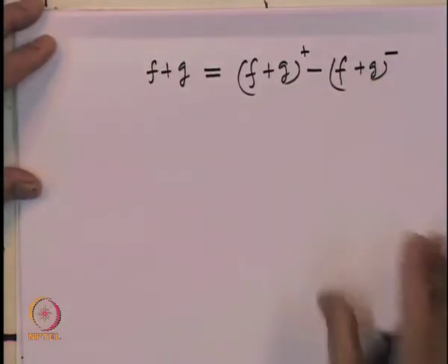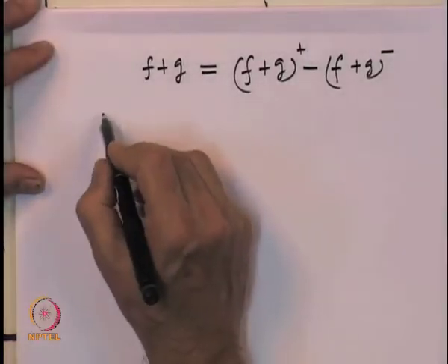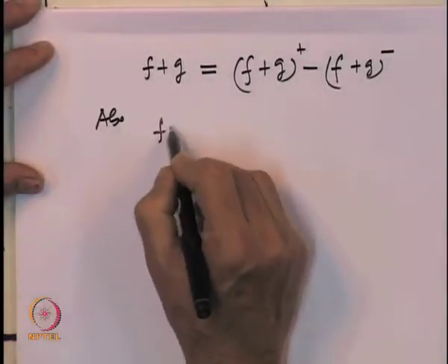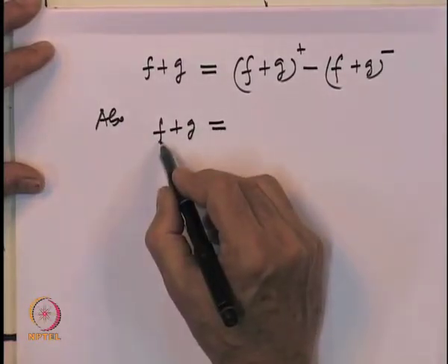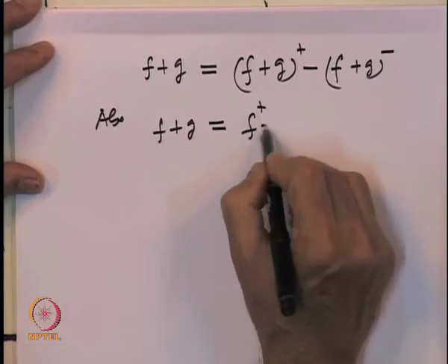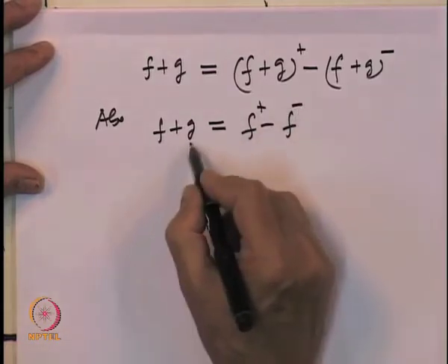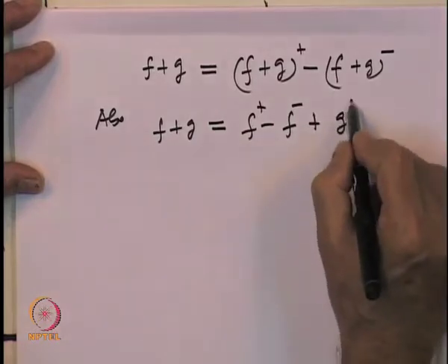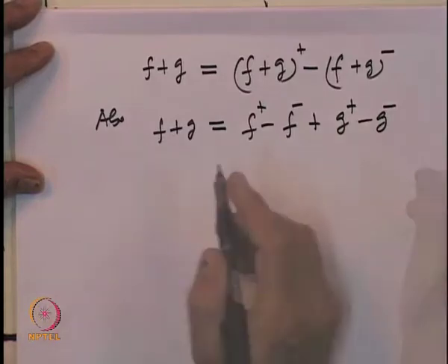That is by the definition of the positive part and the negative part of a function. Also, f plus g we can write by decomposing f into positive and negative parts, that is f plus minus f minus, and similarly writing g as g plus minus g minus.